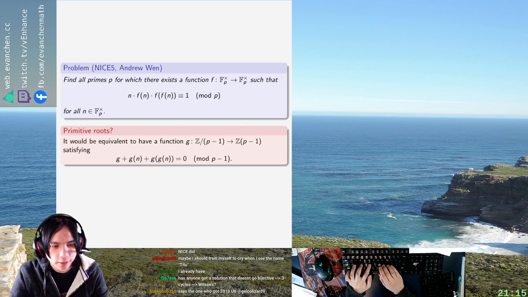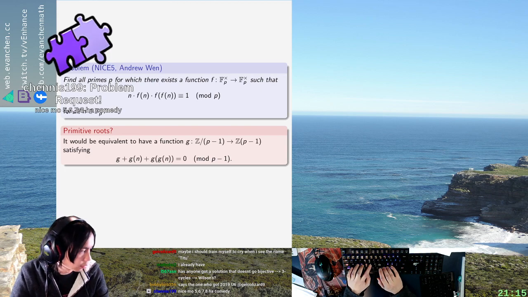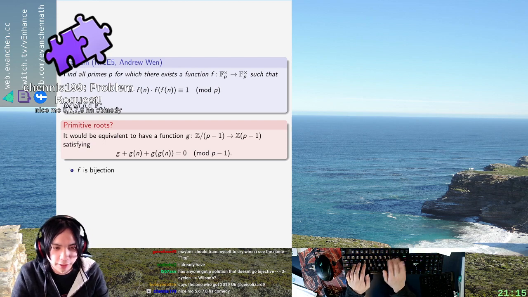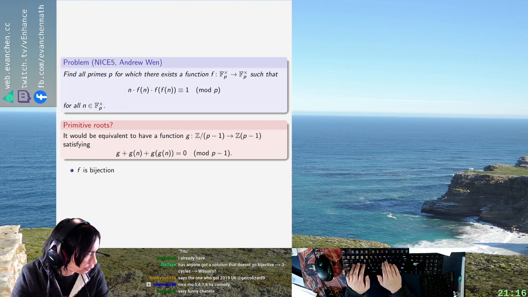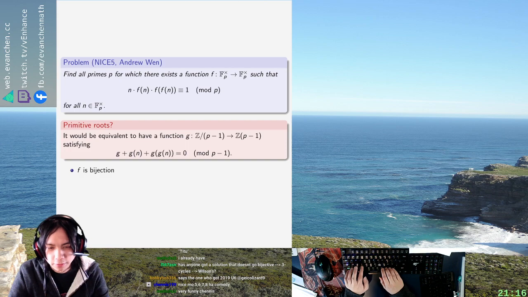So first, f is a bijection, and the reason is because f has an inverse function, namely n equals f(f(n)) over f(f(f(n))).